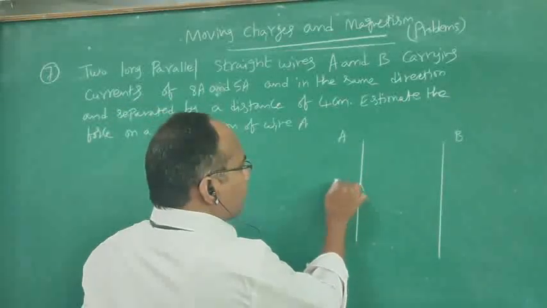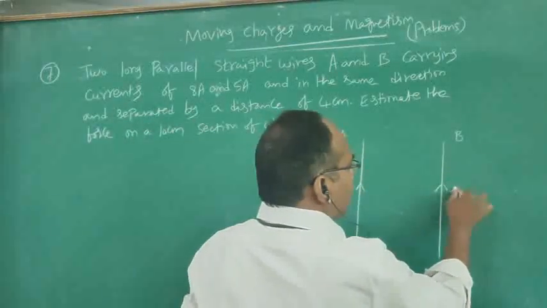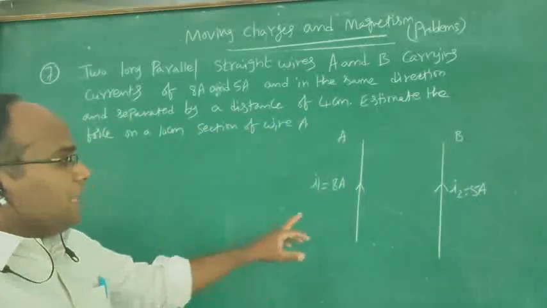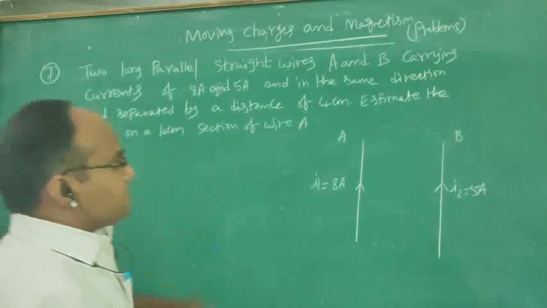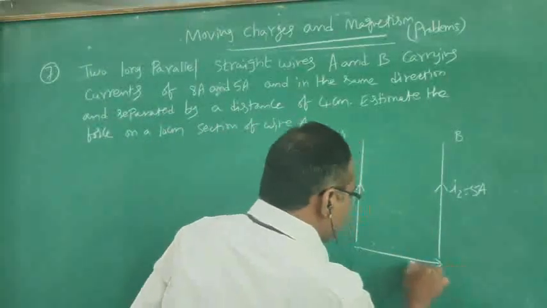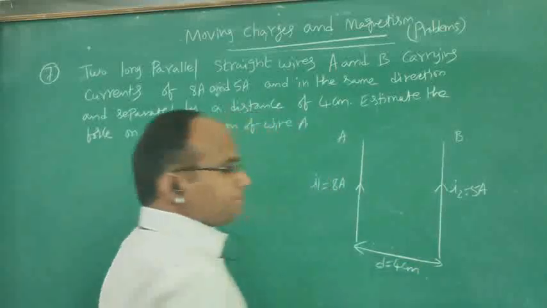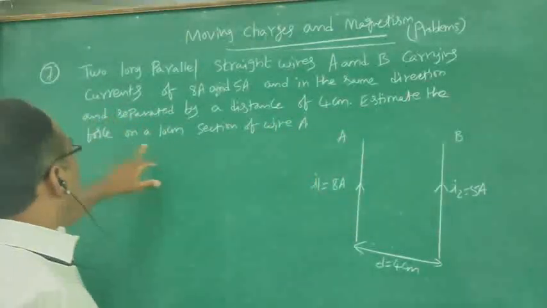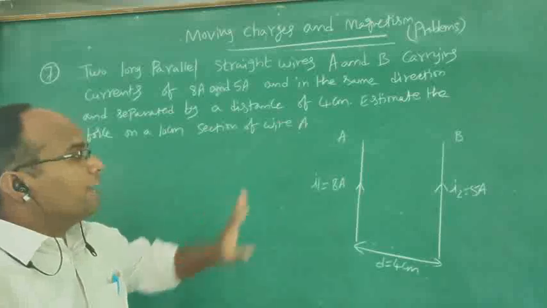This is I1 of 8 ampere and this is the current I2 of 5 ampere. They are moving in the same direction and separated by a distance of 4 centimeter. Estimate the force on a 10 centimeter section of wire A.